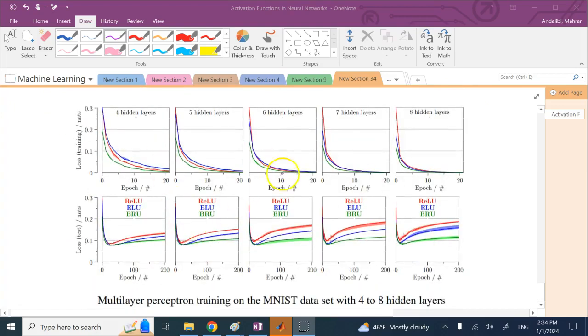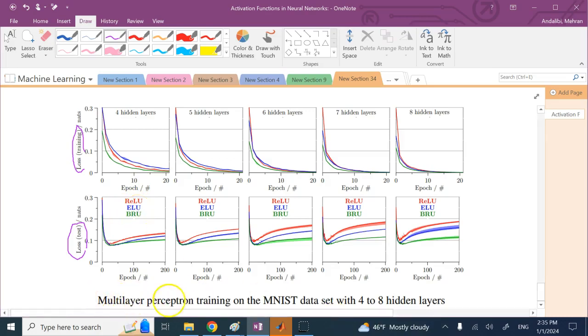Based on the claims by the people who reviewed ReLU functions versus LU functions versus BRU functions on different types of networks for different tasks, they found that the BRU function is more effective in bringing down the loss function. Whether on training or on test data, they found that these BRU functions are better than ReLU or LU functions.